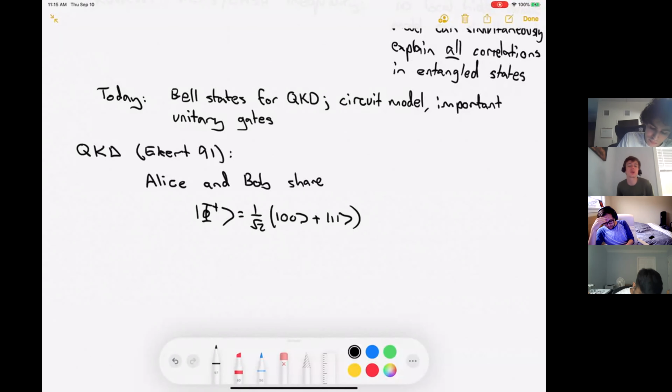How might they do that? Well, a very simple way, which is basically the same thing as BB84 in the end, is that Alice can make a Bell pair in her lab, and then she can send one of the qubits to Bob. But we're not going to worry too much about the details of how they shared this Bell pair. The key point is that this process of sharing a Bell pair is not necessarily secure.